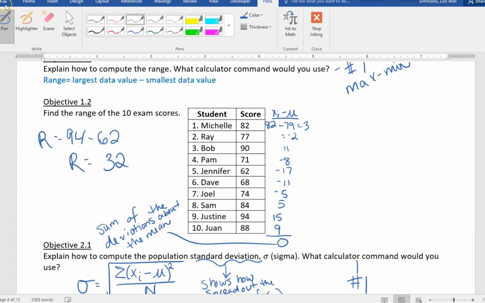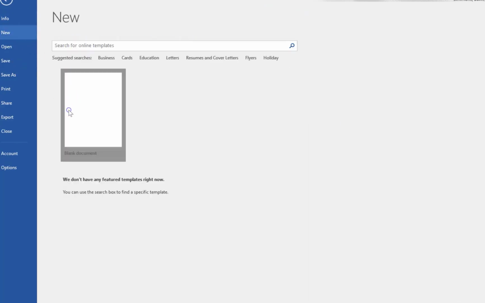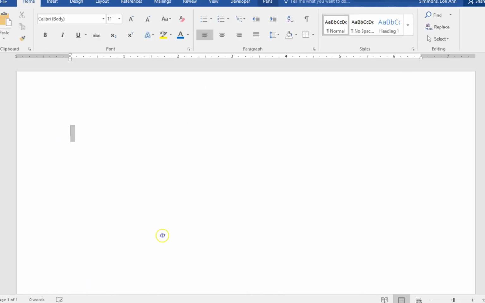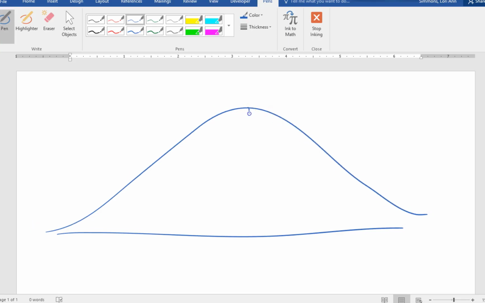So let me just give you a visual of what these are actually saying and doing. We have a curve, bell-shaped. Here's our mean. Our mean's always in the middle for symmetric.